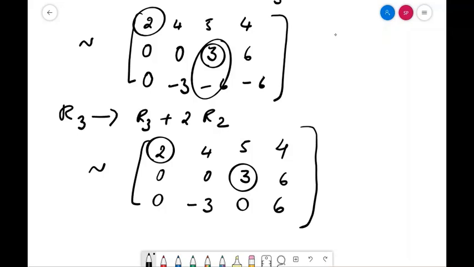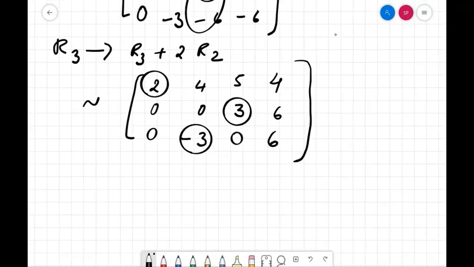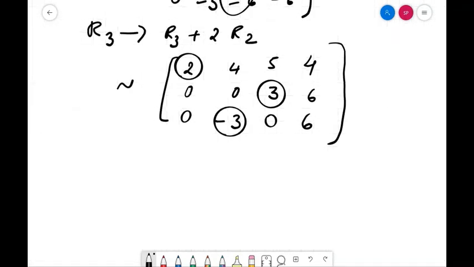Now I'll go to the third row. Here I have a pivot position, but it is towards the left of the second row pivot entry. So I want to make it according to the conditions if possible. I can do some transformation. I can interchange row 2 and row 3. So I am interchanging row 2 with row 3.